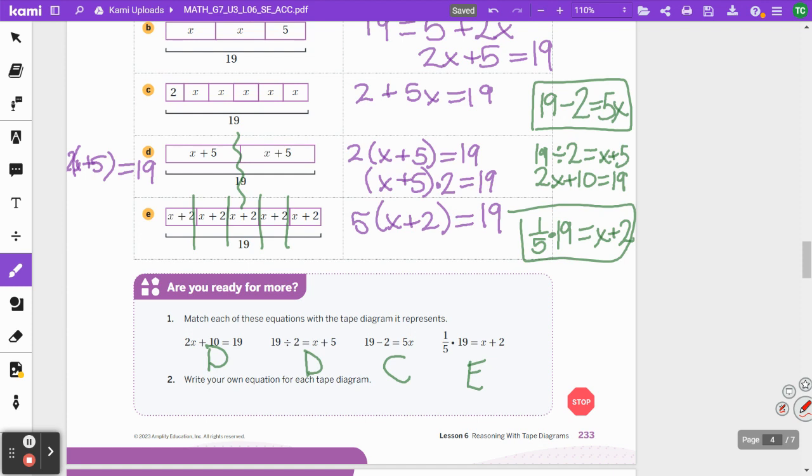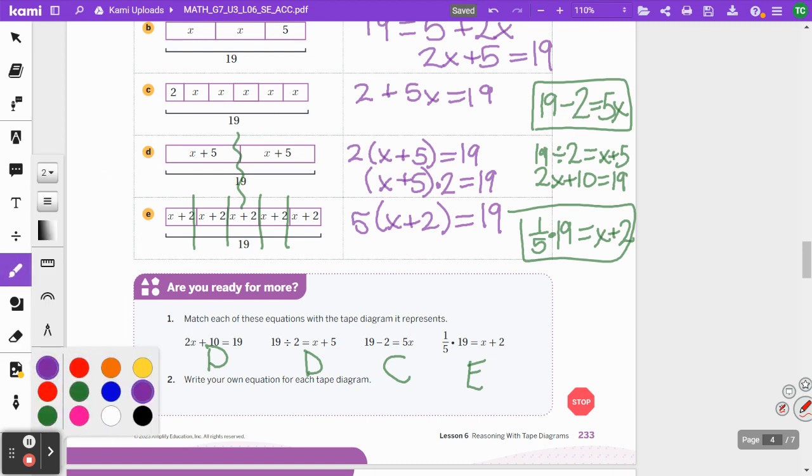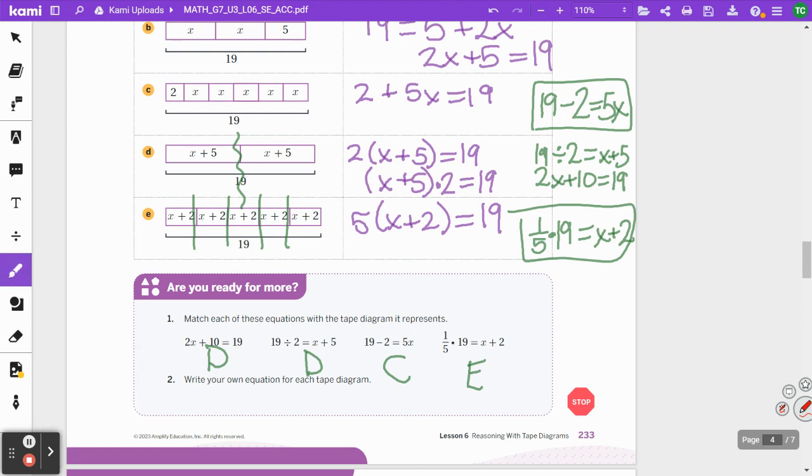Now you can take your own thoughts and write your own equations for any of these. So for instance, many of us, let me use a different color for this. Let's go to red. Many of us like to distribute. So instead of writing two sets of x plus 5, why not write 2x plus 10 equals 19? Yes, I know they already had that.